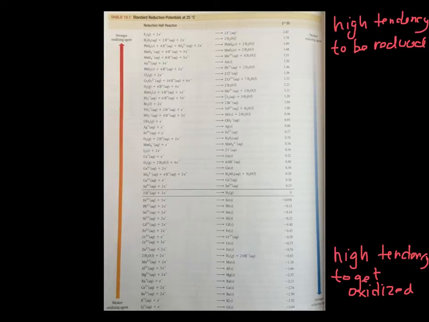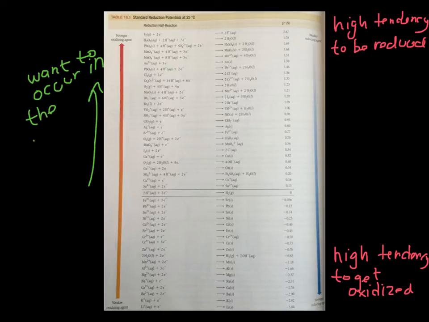The reactions on the top half here want to occur in the direction written. And these ones down here have a natural tendency to occur in the opposite direction.